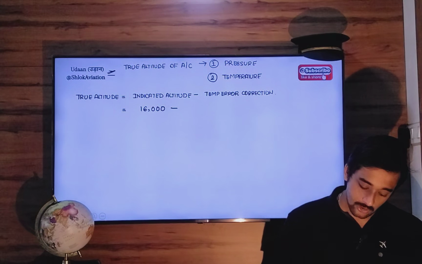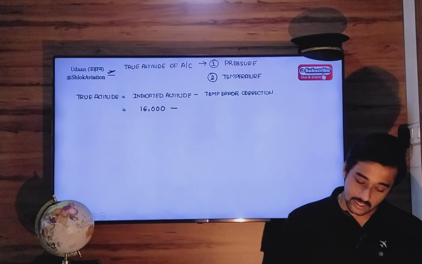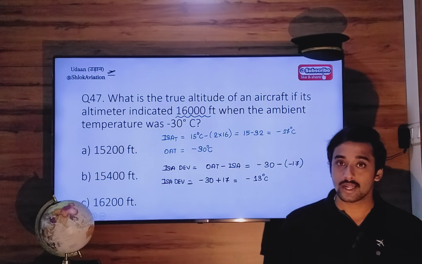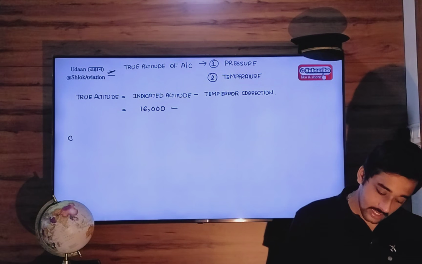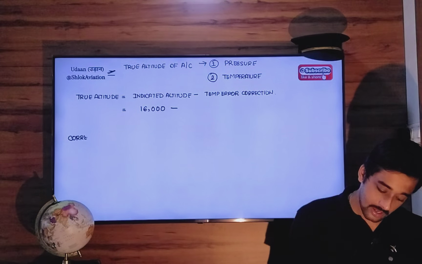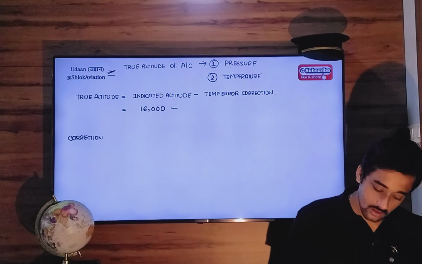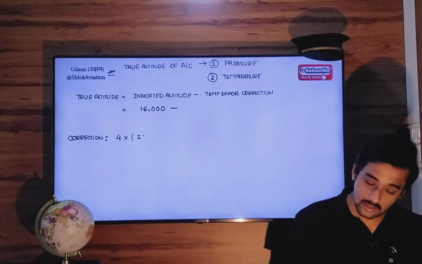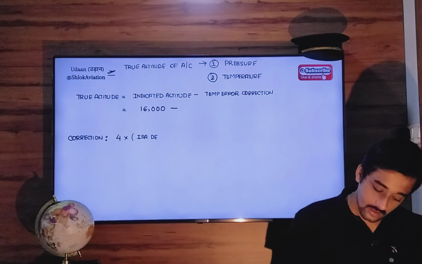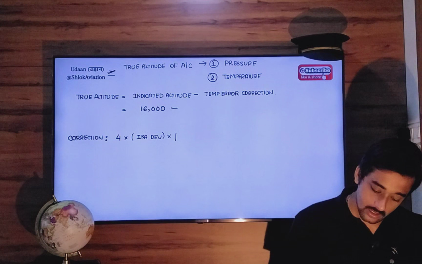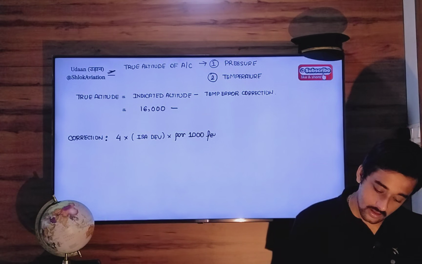So this we will calculate now. What is it? Your ISA deviation is minus 13. So the temperature error correction you will apply will be equal to 4 multiplied by ISA deviation, multiplied by per 1000 feet.